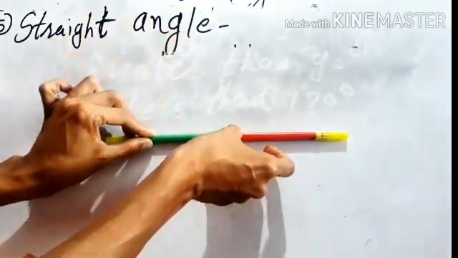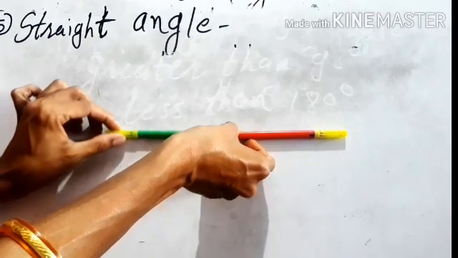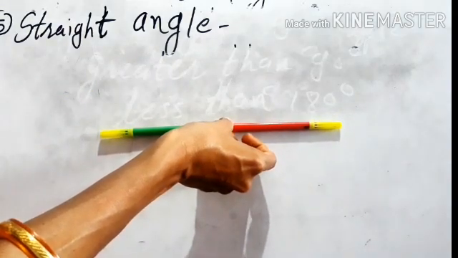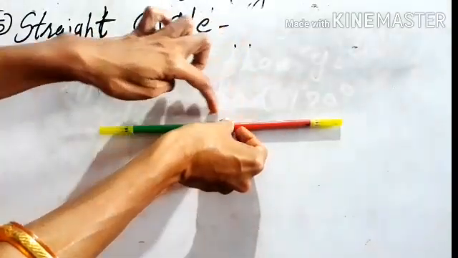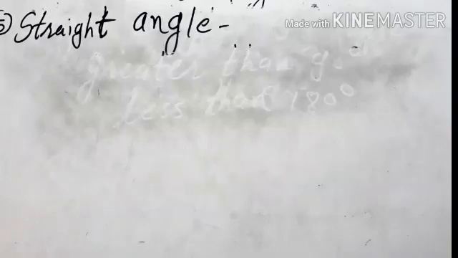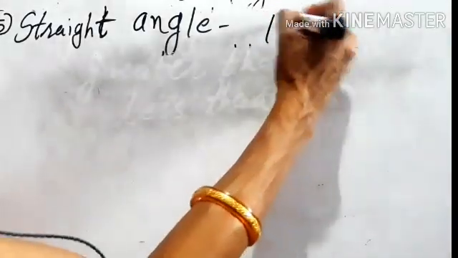Now if I turn this pen this way, this type of position is called a straight angle. That means the angle is 180 degree. A straight angle measures 180 degree.